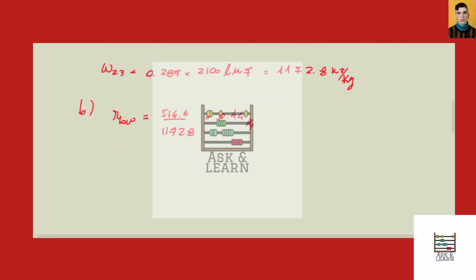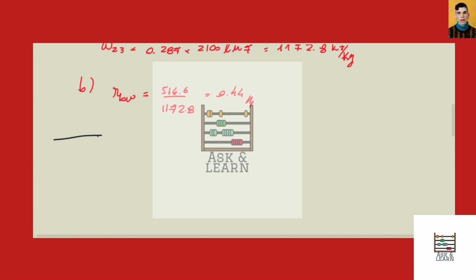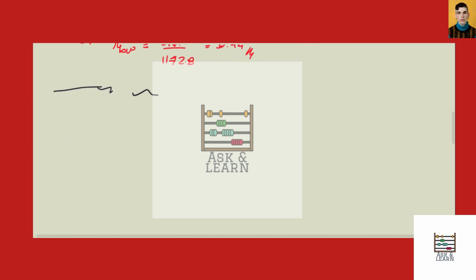And finally, part C. In part C, we need to find the thermal efficiency of this cycle. The thermal efficiency is given by the Greek letter eta, which is just the net work divided by the input heat in the process. So the net work we already have.